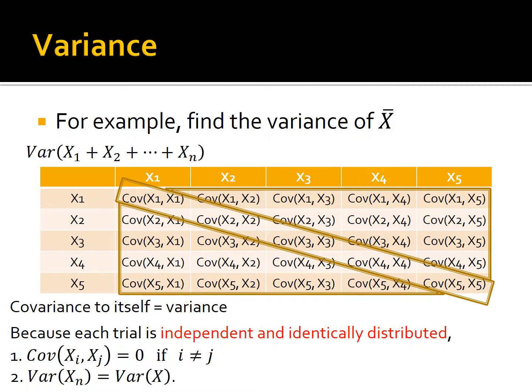So the covariance of x sub i and x sub j equals 0 if i is not equal to j. So all off diagonal elements are 0. And then second, the variance of any element of x equals the variance of x because they have identical distribution.